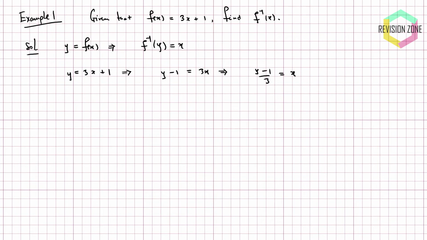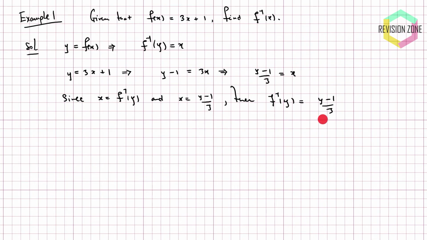Now I have something purely in terms of x, and this thing here is purely in terms of y. And of course, since x equals f inverse of y, and x equals y minus 1 over 3, then f inverse of y is y minus 1 over 3. And we're basically done. This is really our inverse function.